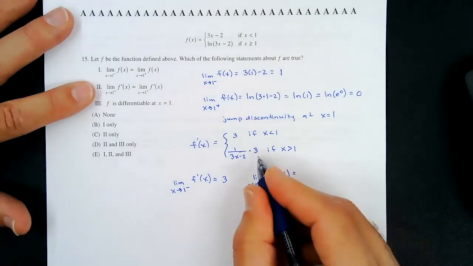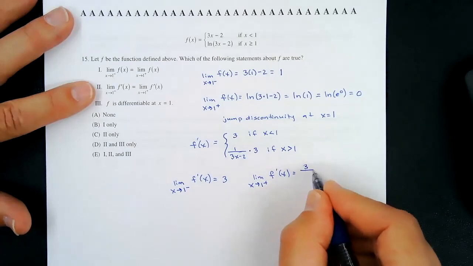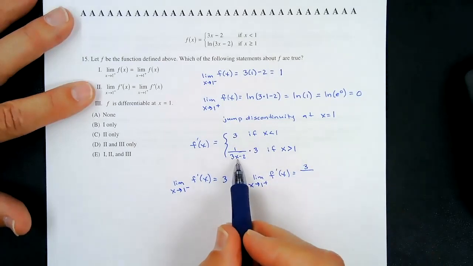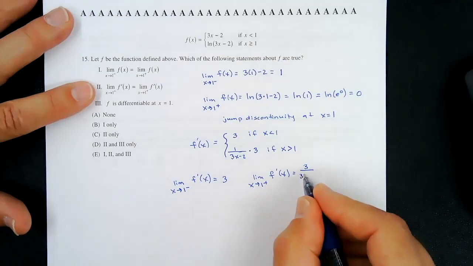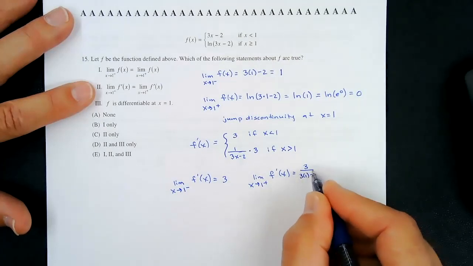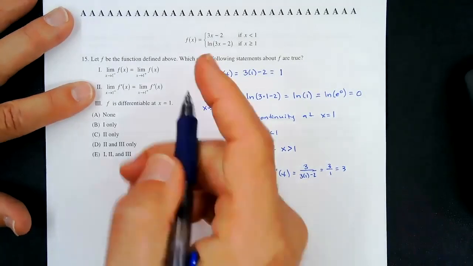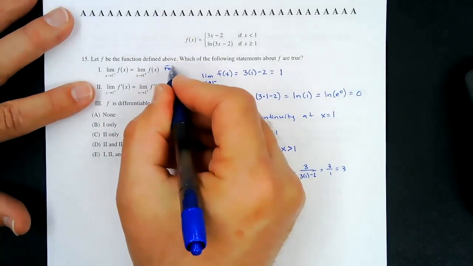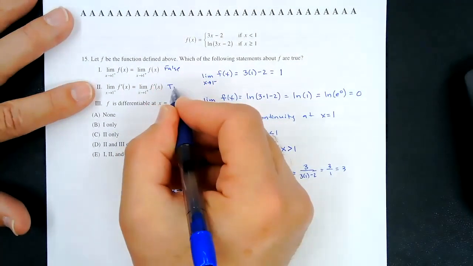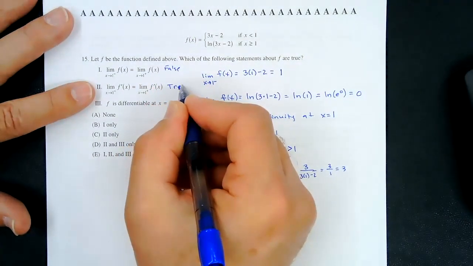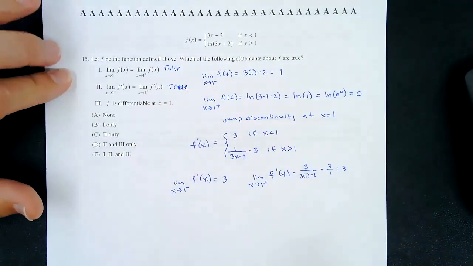So this would be 3 on top, and then the bottom would be 3 times 1 minus 2. So that would give you 3 over 1, which is 3. So that's true. So this one is false from before. This one we just figured out is true.